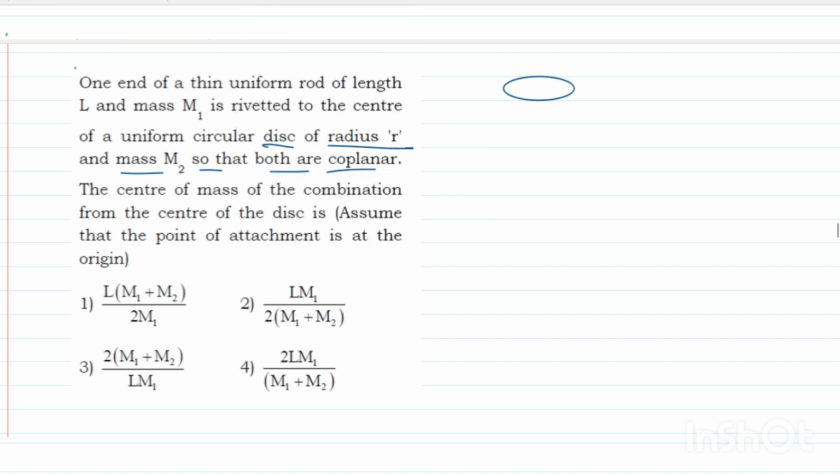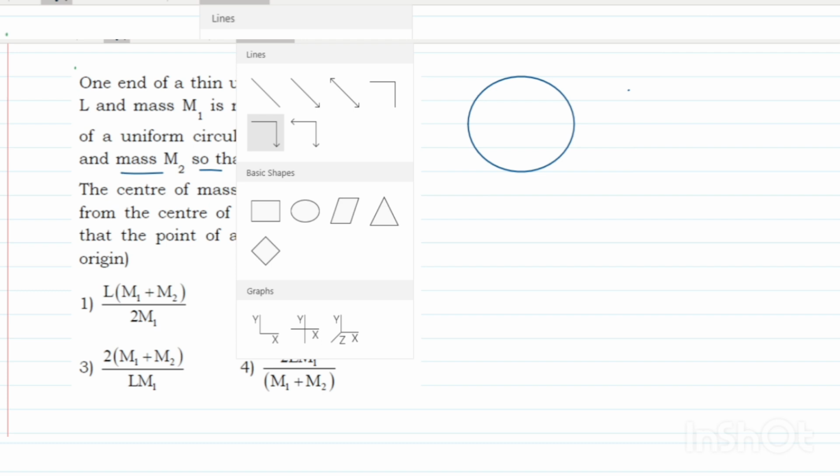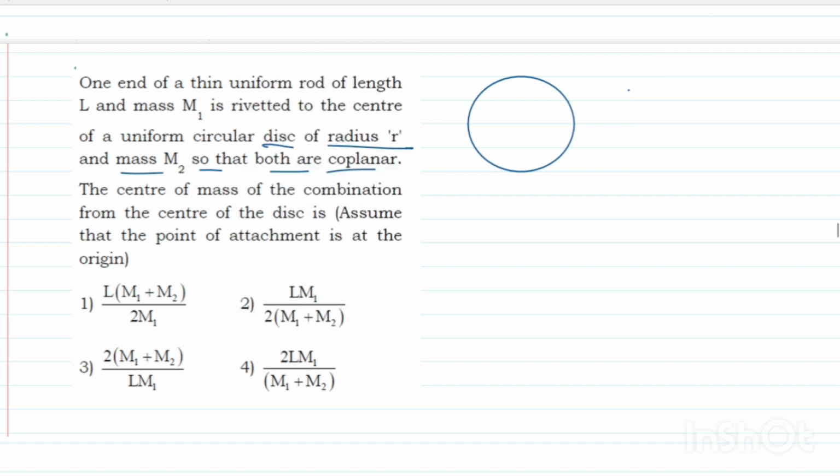So here one circular disc is given, students, and here a thin uniform rod you are going to place, which is riveted.